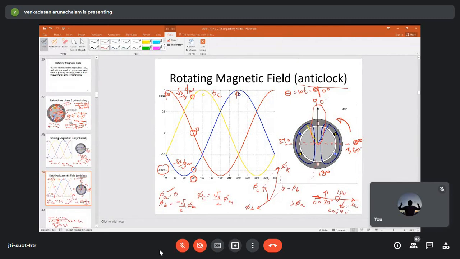So now the magnitude of phi a is 0. The magnitude of phi b is minus root 3 by 2 times phi m. The magnitude of phi c is root 3 by 2 times phi m. If you add all the three, what is the value of the resultant flux you are getting?